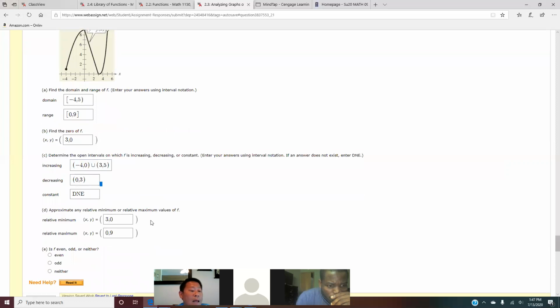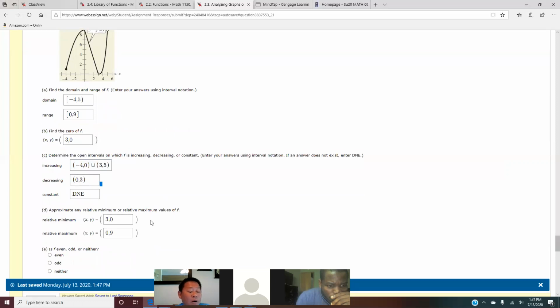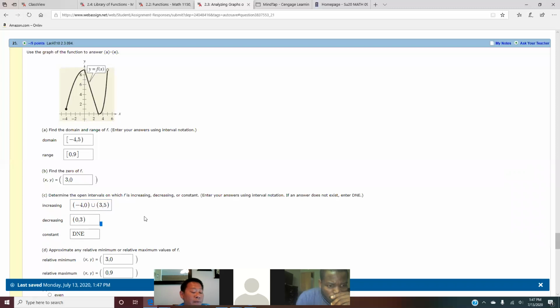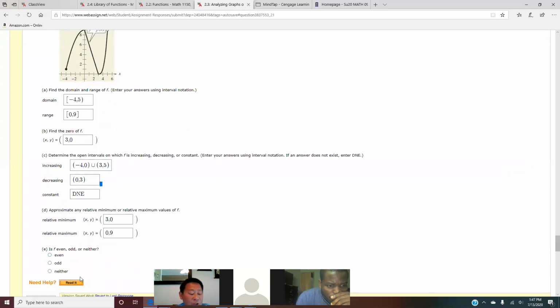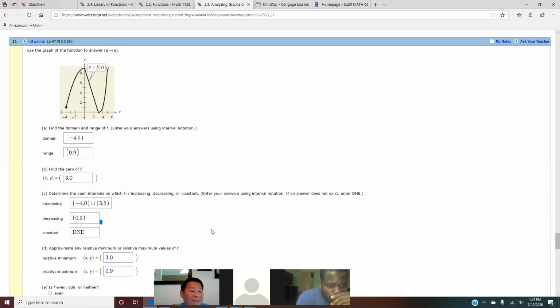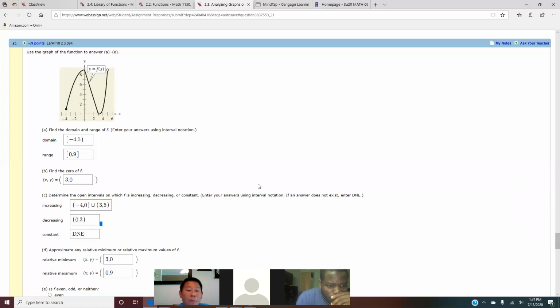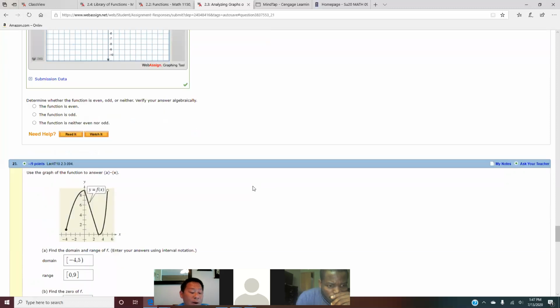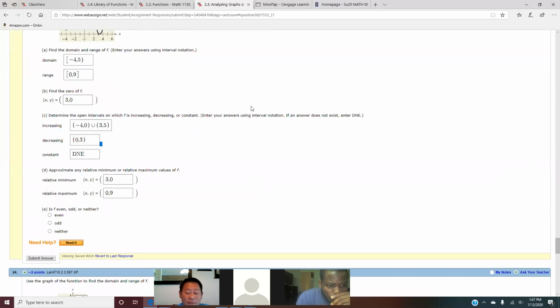Lastly, is this even, odd, or neither? How do we figure out if it's even? An even function is symmetrical with respect to the y-axis. That means it's like a parabola. If you draw a parabola, it is even because it is symmetrical right on the y-axis.